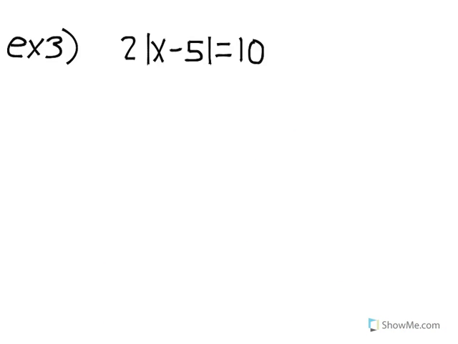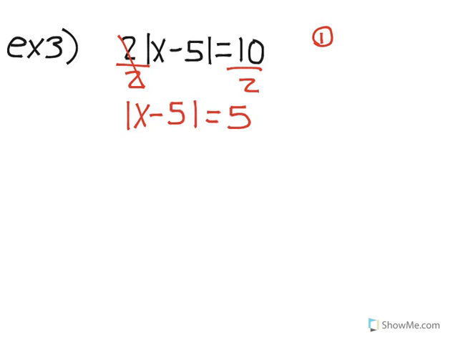Now we have our third example, so we're going to do our step 1, which is isolate the absolute value. So we're going to divide by 2, get the absolute value on its own. The absolute value of x minus 5 is equal to 5. Now we're going to write our two equations, step 2.